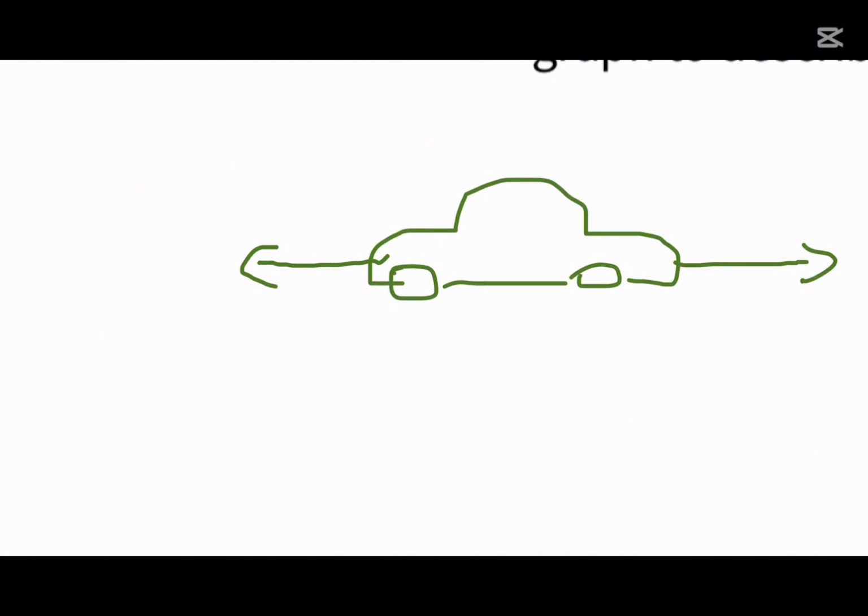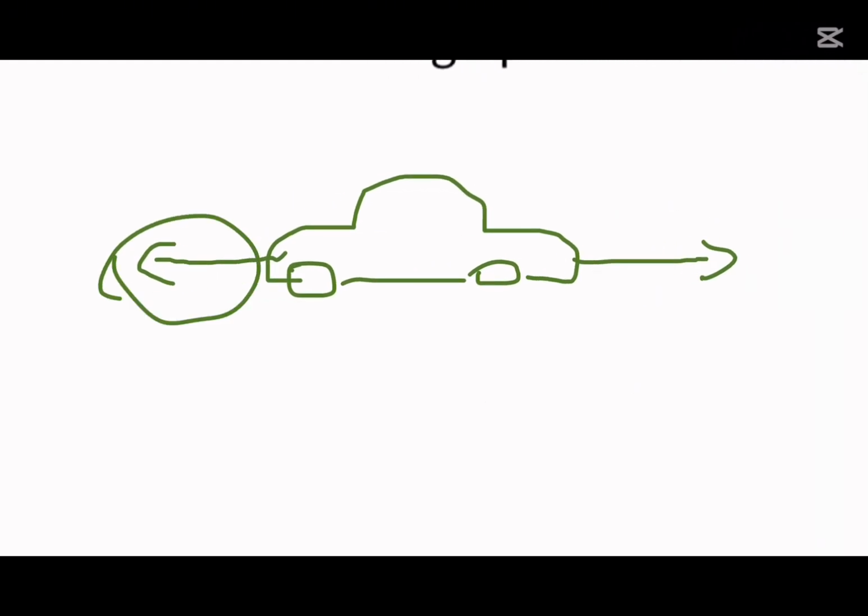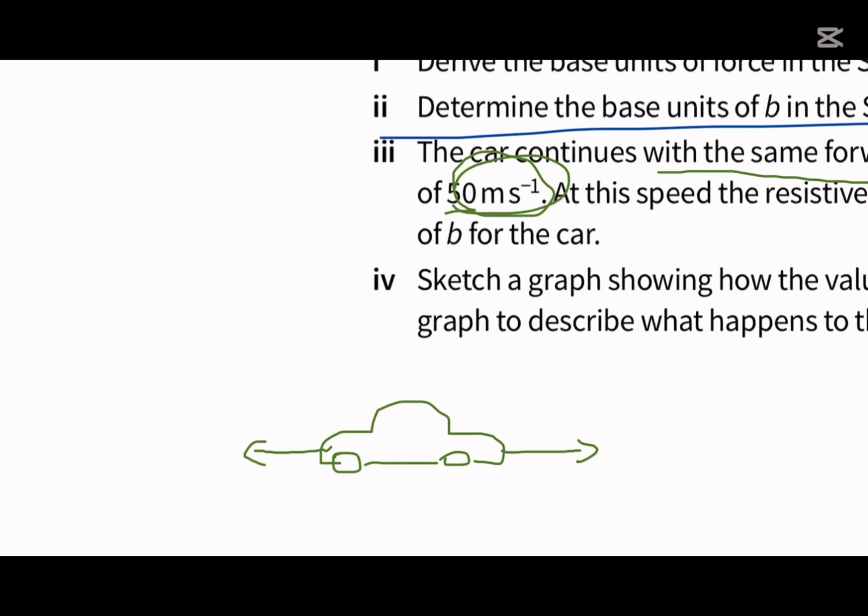That is top speed. It is where the car just stops accelerating. It doesn't slow down, it stops accelerating, and the speed at which that happens is 50 meters per second.